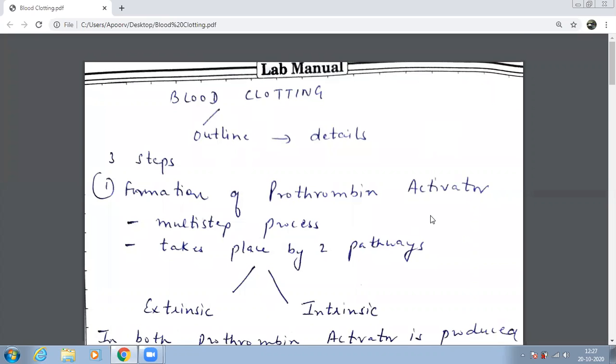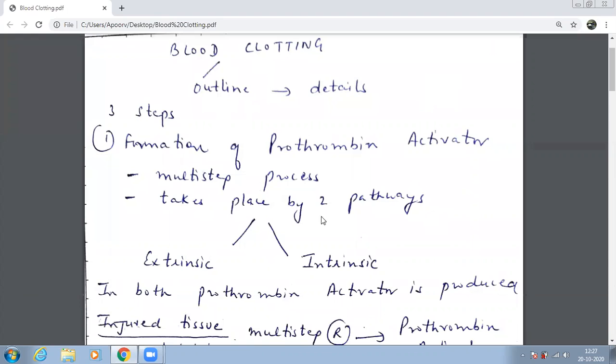If I talk about outline, there are three steps in blood clotting. This is the first step. Please read the first step. Let me explain it to you.